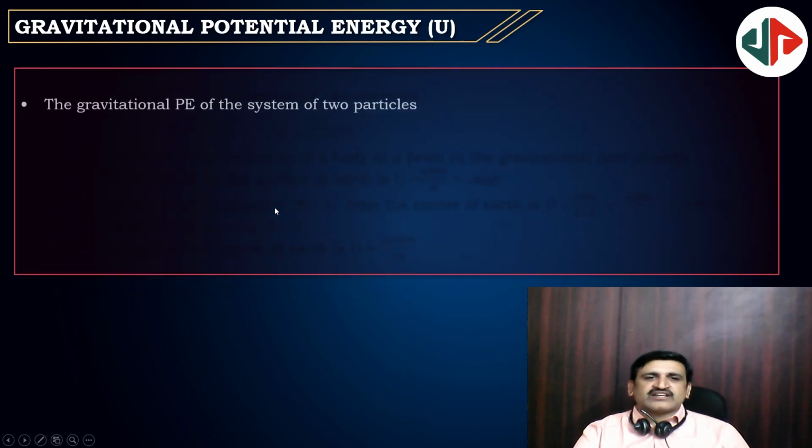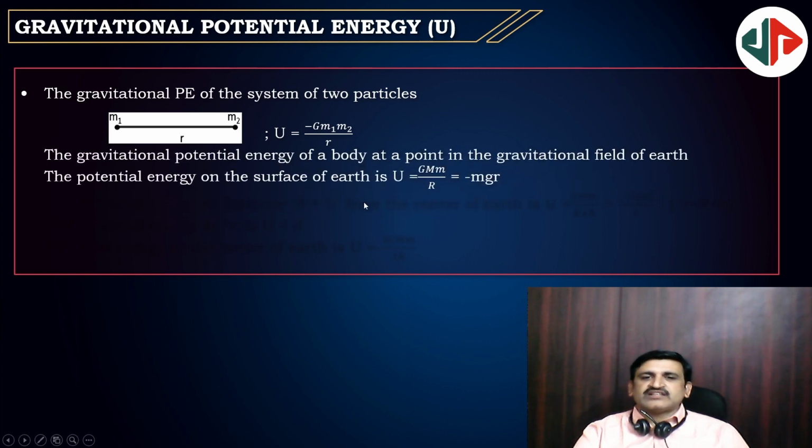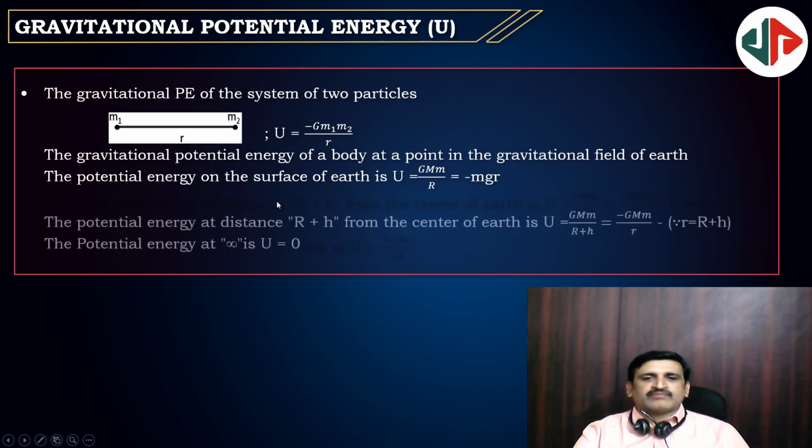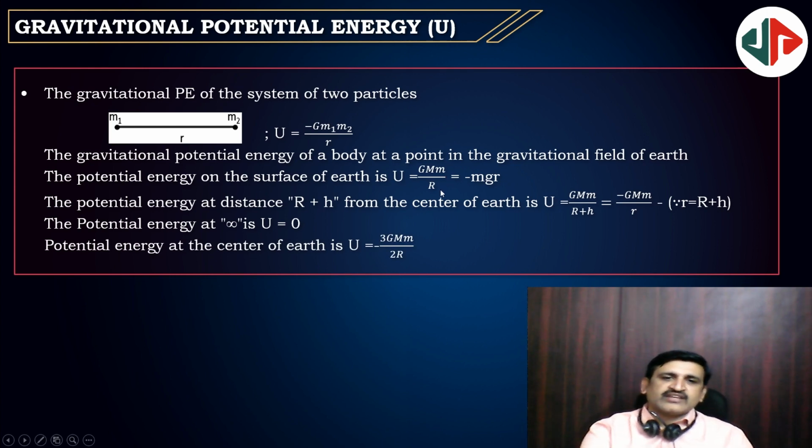Gravitational potential energy. The formula we have already taken: U equals minus G m1 m2 by r. Change in potential energy also comes here, minus mgh by 1 plus h by R. Let me read this out. The potential energy on the surface of the earth is minus GMm by R. You need to maintain the minus sign, because gravitational potential energy is always negative.